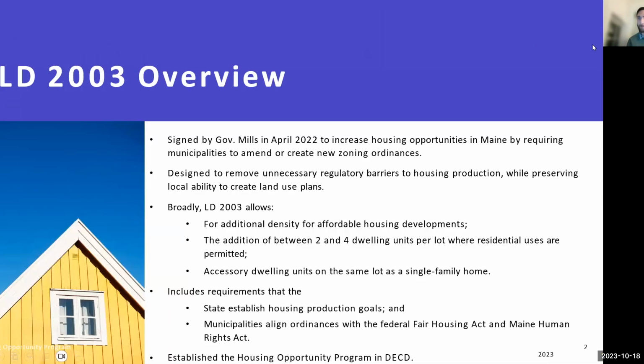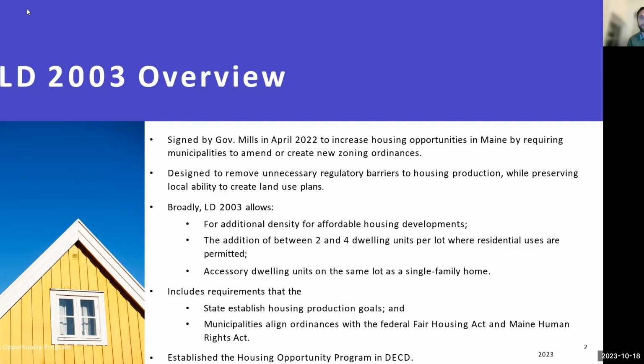LD 2003 was signed into law in April of 2022. The law was intended to increase housing opportunities in the state of Maine by allowing municipalities to amend or create new zoning districts that would essentially create housing opportunities.